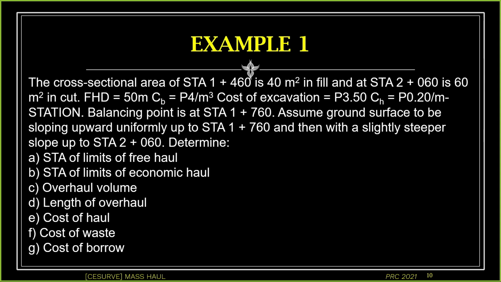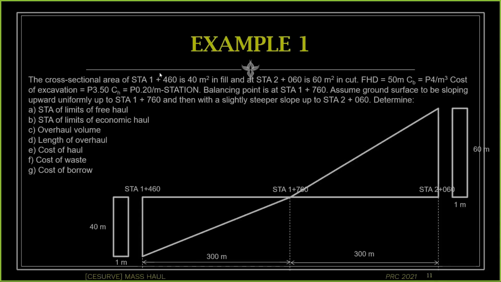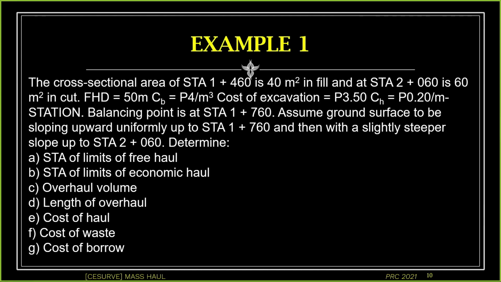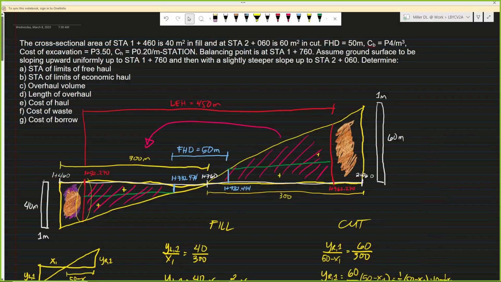The balancing point is at station 1 plus 760. Assume the ground surface slopes upward uniformly up to 1 plus 760, and then a slightly steeper slope up to station 2 plus 060. We need to determine the limits of the free haul, the station of the limits of the economic haul, the overhaul volume, the length of overhaul, the cost of haul, the cost of waste, and the cost of borrow. So, let's solve this.